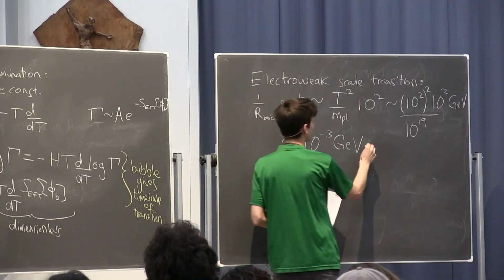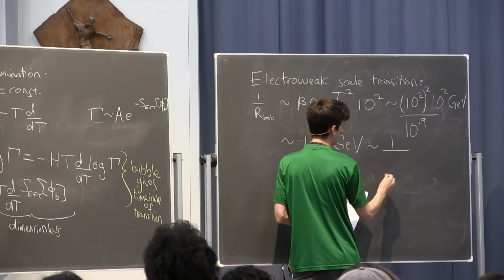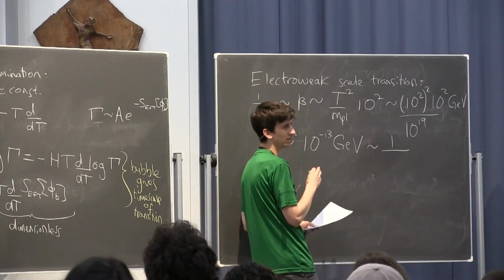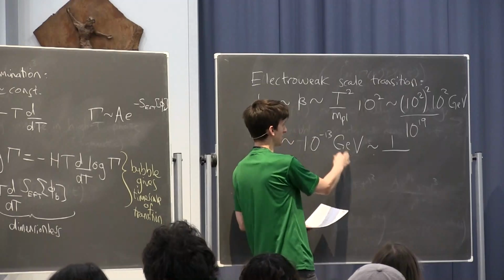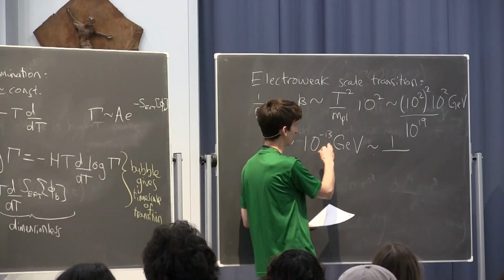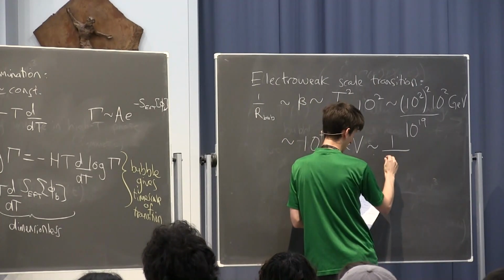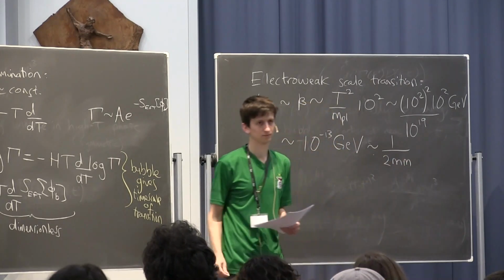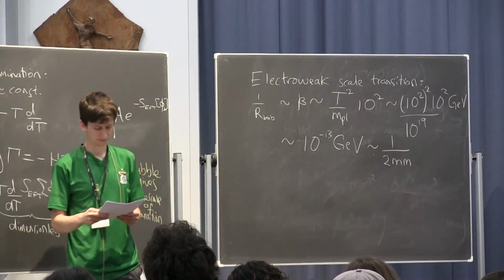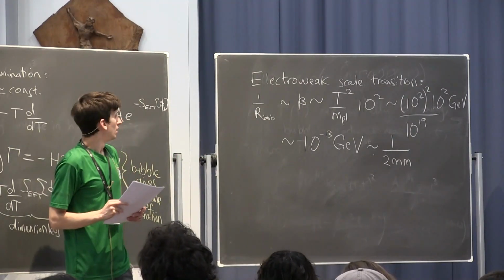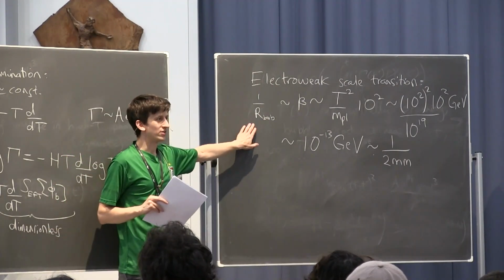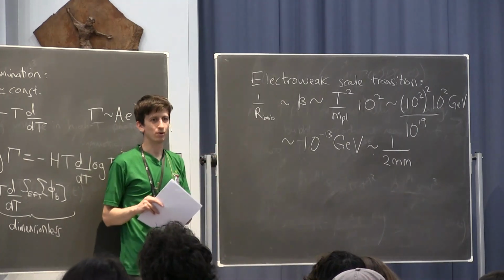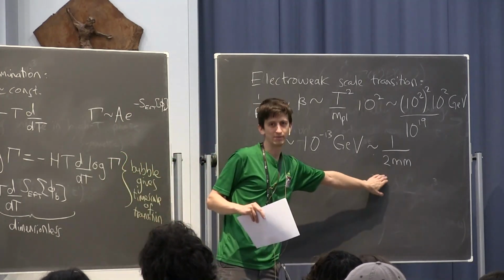And writing this in meters to make it a length scale, and using the fact that a Fermi is roughly an inverse GeV, but there's a factor of 5, we get that this is 1 over 2 millimeters. So that means for an electroweak phase transition, the average bubble size upon collision is 2 millimeters.